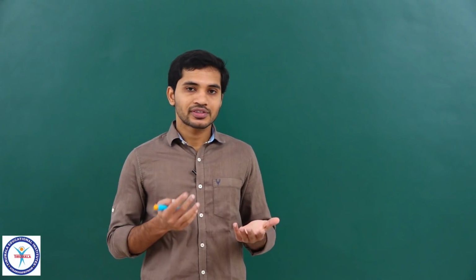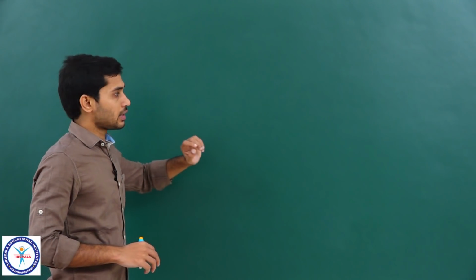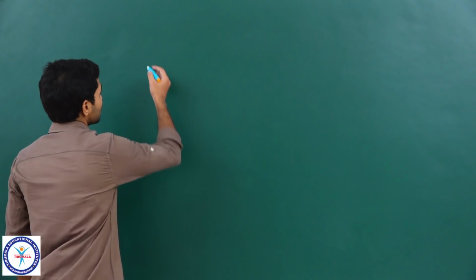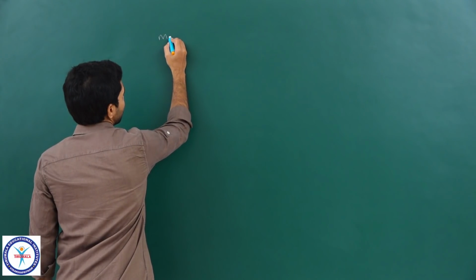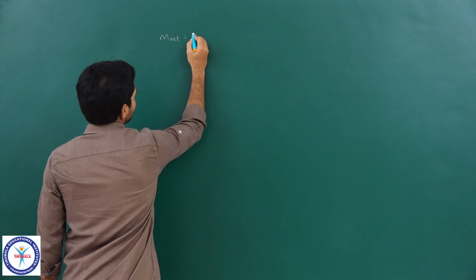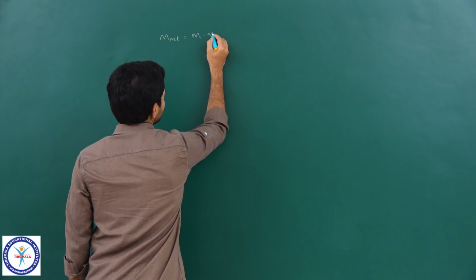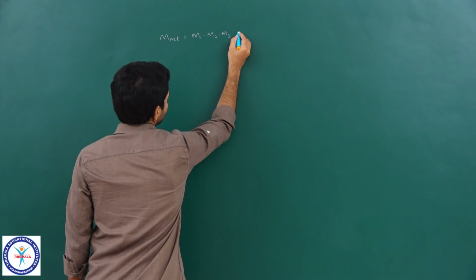Now let us take an example which involves successive refractions and reflections, clear. Whenever a light ray is undergoing multiple cases simultaneously, one after the other, in the case of successive refractions or reflections, we can write the net magnification as the magnification produced by the first device multiplied by the magnification produced by the second device multiplied by the magnification in the third, and so on.